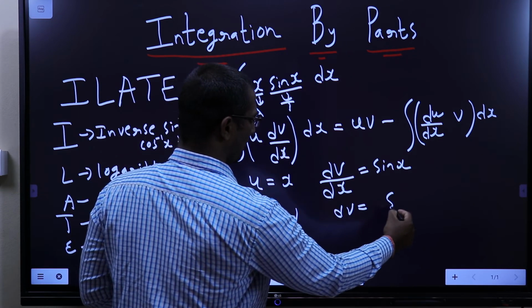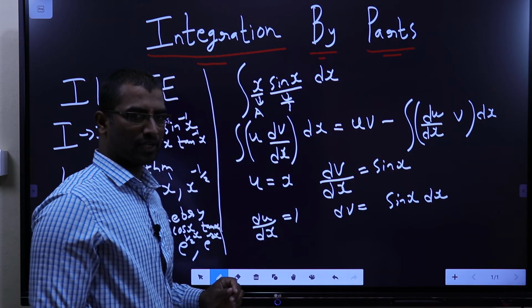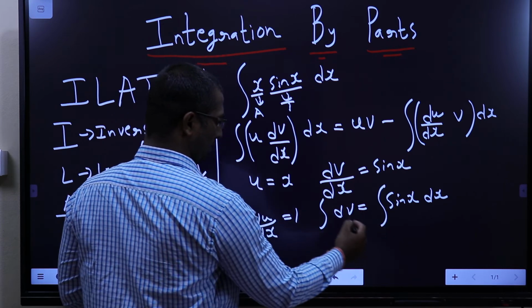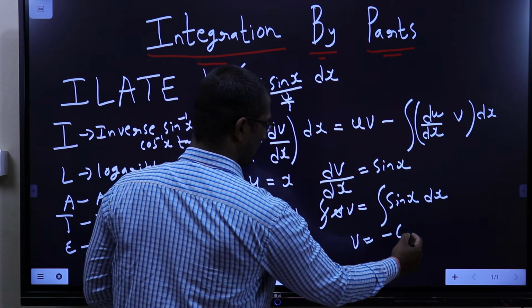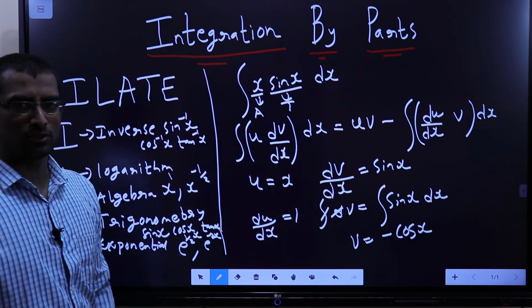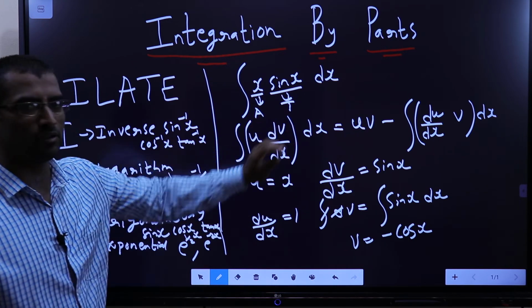Before integrating, send dx to the other side. Okay, once dx is sent, integrate now. So here I get v. Integration of sin x is minus cos x. Clear so far? Now replace these values in the formula.